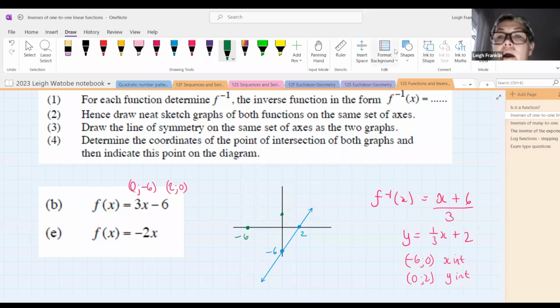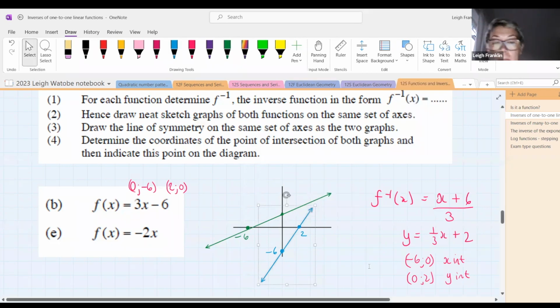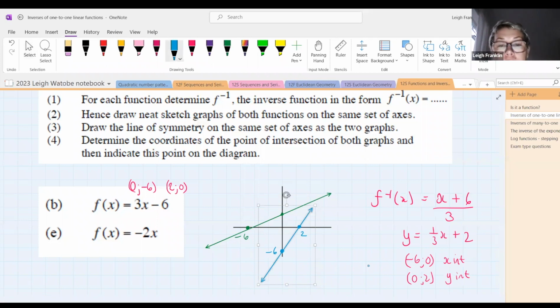Again, I want to grab a straight line, a ruler, and connect my dots. That's the idea. I just want to make it longer. There we go. That's what you're supposed to be doing when you draw.